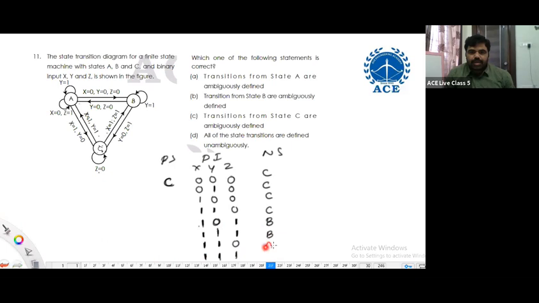Here it is A, here it is again A. And after that, if you are observing, for 111, next state is what? A. For 111, next state is what? B. So, which one is correct?